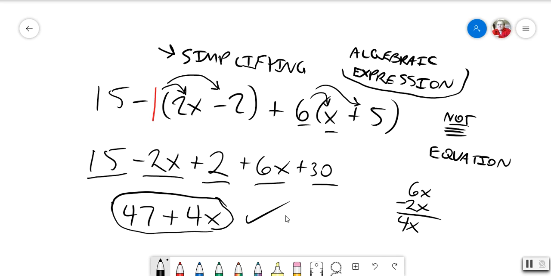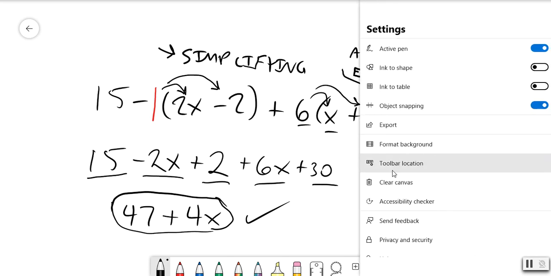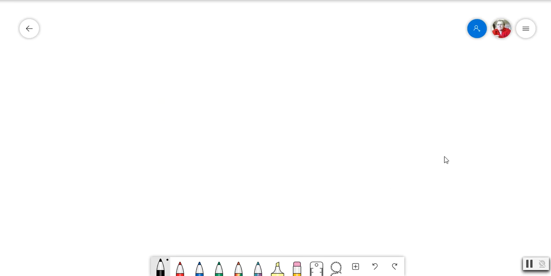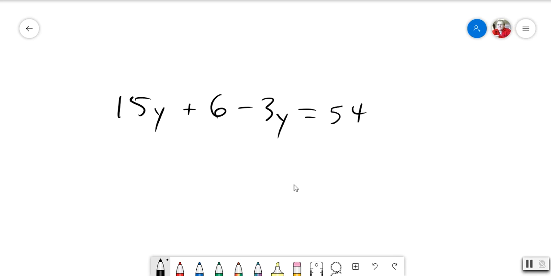All right. Now, when you are doing actual equations, if you had 15y plus 6 minus 2, well, I'll make this come out even, minus maybe 3y equals, I don't know, 54, something like that.